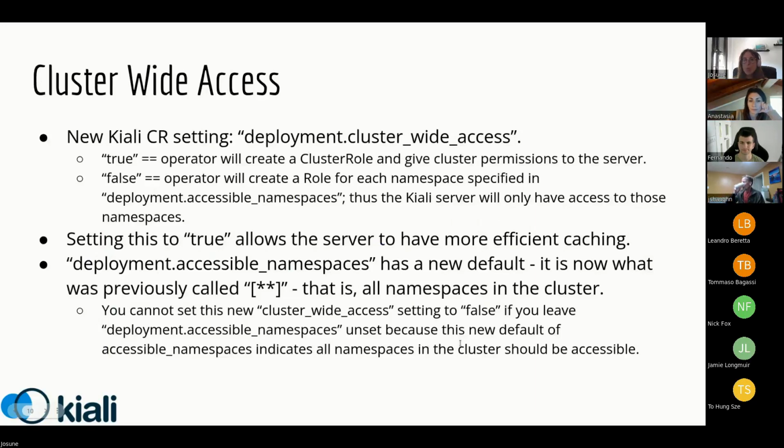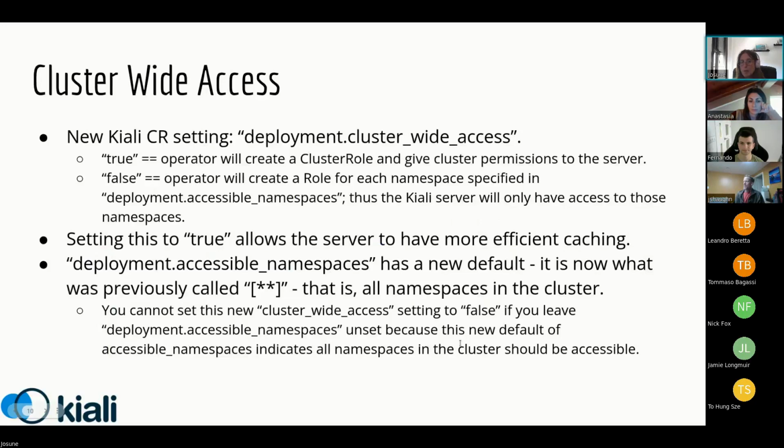When cluster-wide access is set to false, the operator will create a role for each namespace that is in the accessible namespaces list, and there is a new default for accessible namespaces, that is the double wildcards. And this means that all the namespaces in the cluster are going to be accessible.